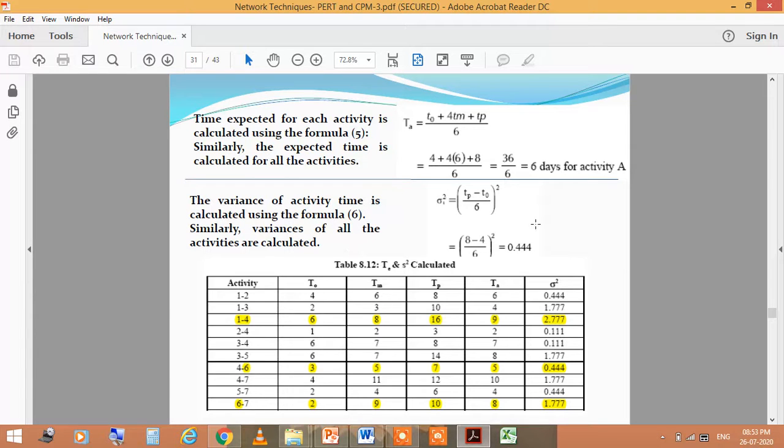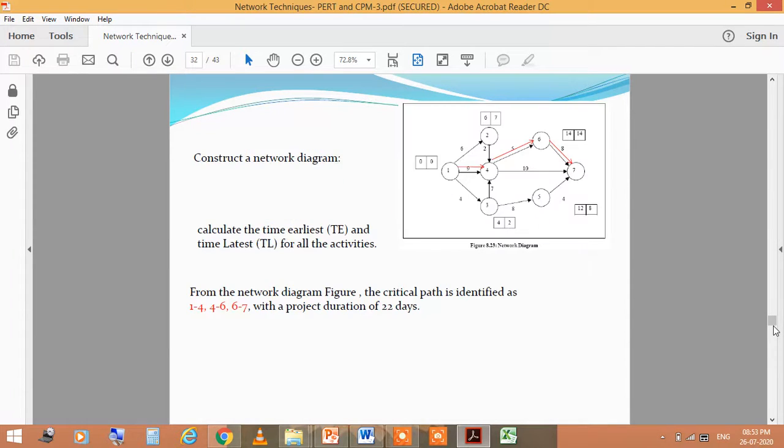The variance is 0.444. You see in this table, the variance is calculated for activity A only. The same way you have to calculate the other activities also, according to these formulas.